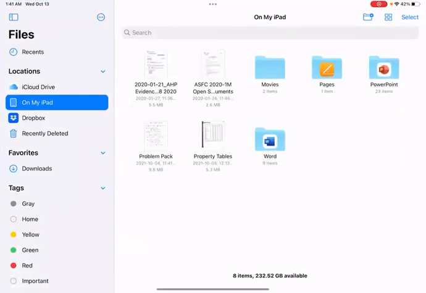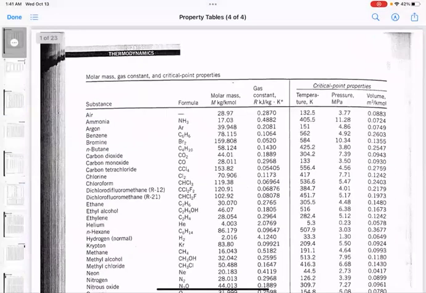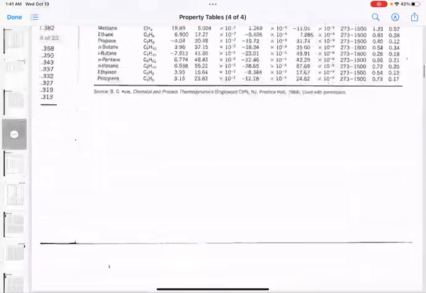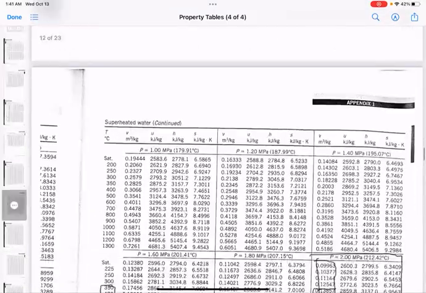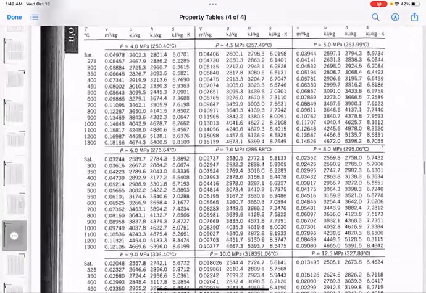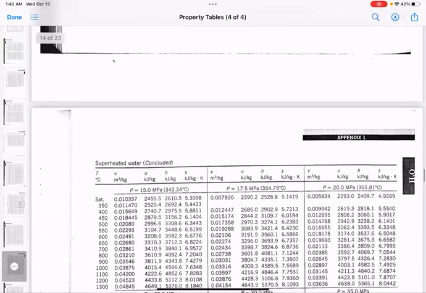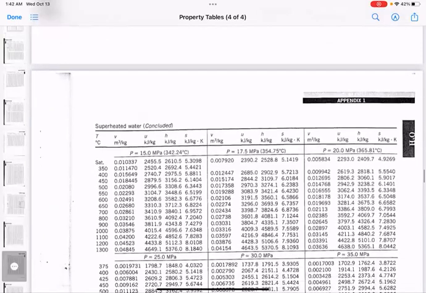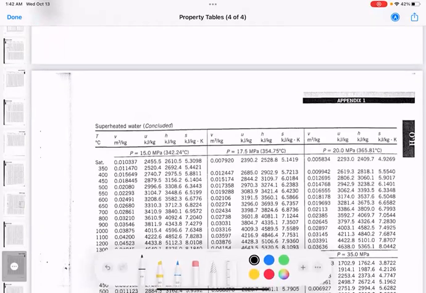If I can find it. There we go. So here, 15 megapascals and 350. And immediately we can see, can I draw on this? Yeah, I can draw.